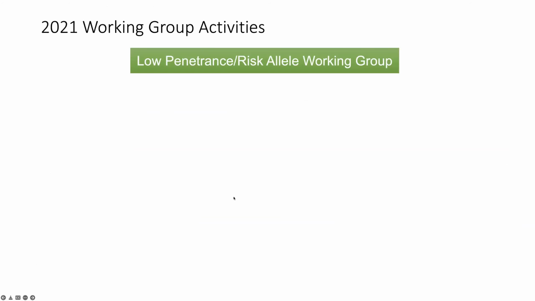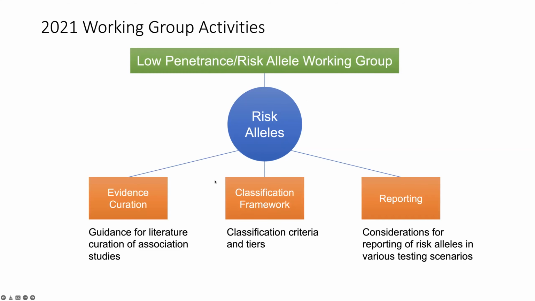So just to give a quick recap of our work with the risk alleles: that was a lot of our focus last year, and this year is focused on what we call the low penetrance variant. That class of variants lies between the risk alleles and the high penetrance variants with regard to its penetrance.